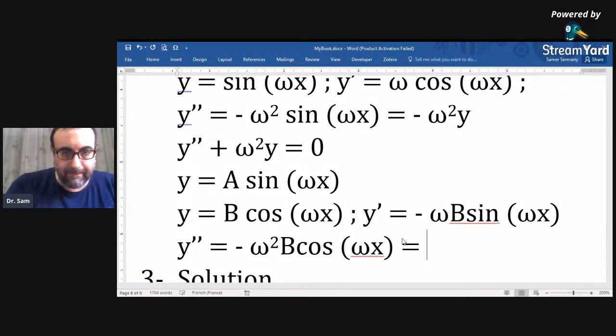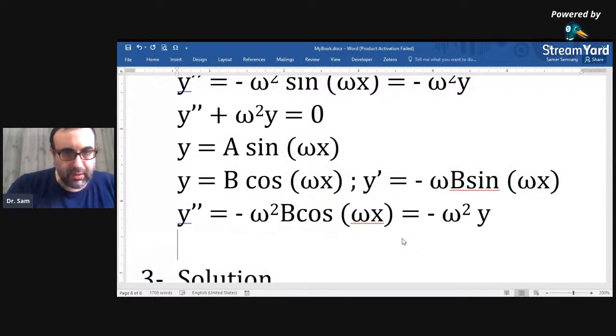And so I have minus omega squared y. And even this one is a solution. So I can see that y double prime plus omega squared y equals 0 also. So it is another solution.